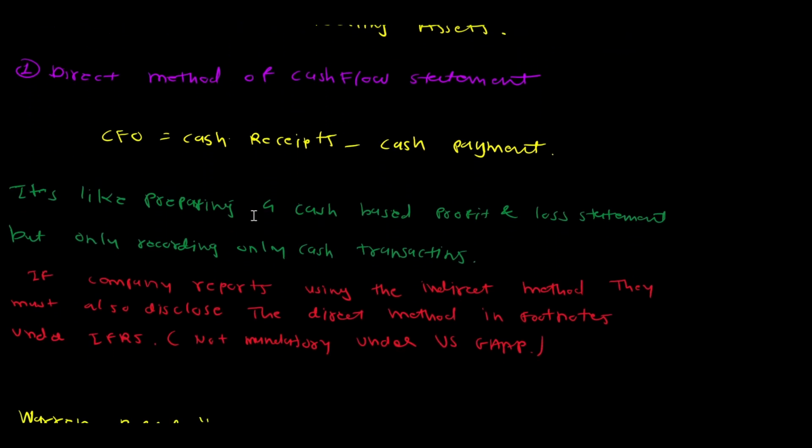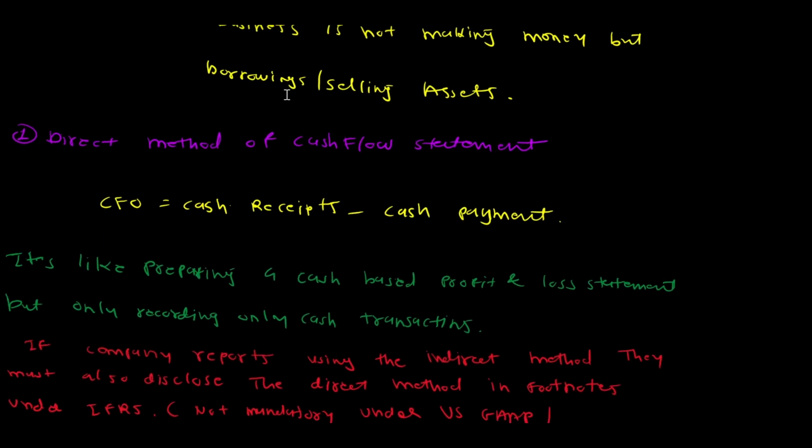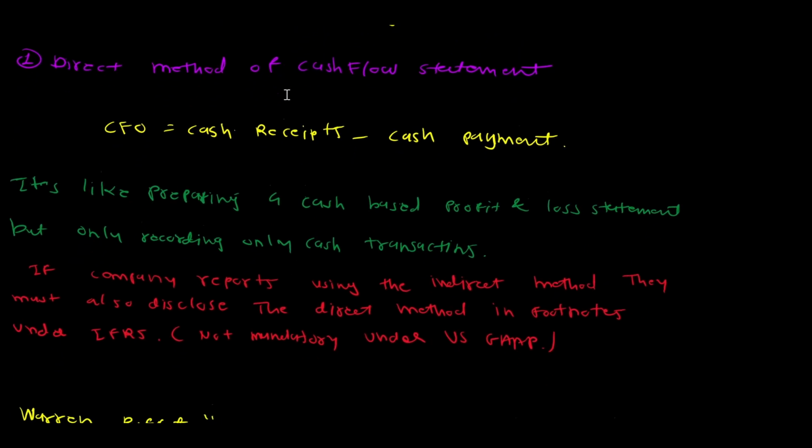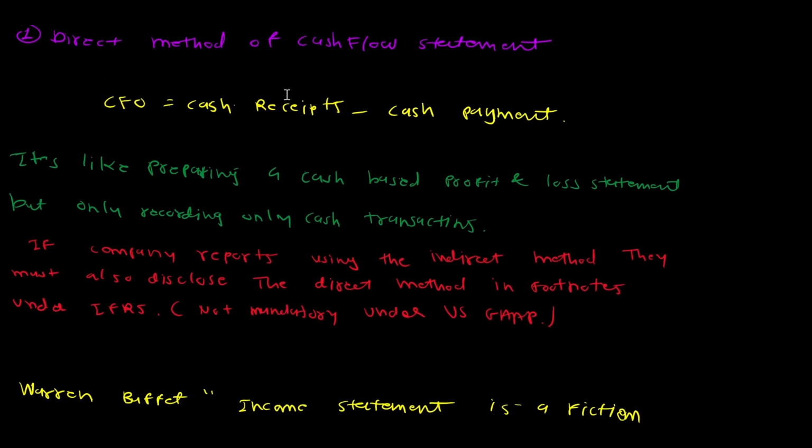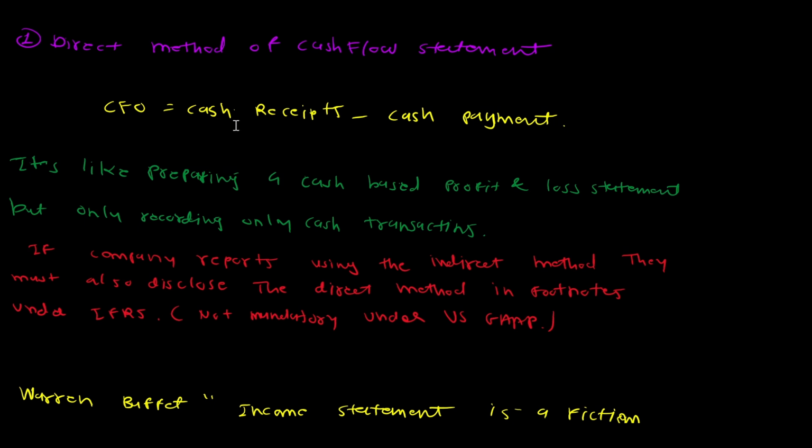Then let's talk about the methods. The direct method of the cash flow statement. Direct is a simple cash flow from operations: cash receipts minus cash payments.